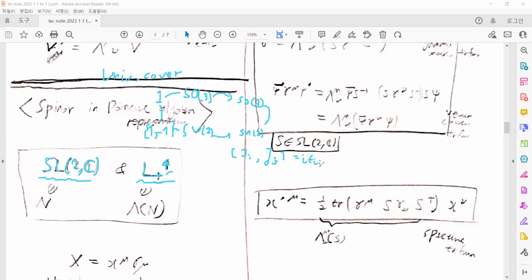So they are different Lie groups, but they have the same Lie algebra. There is a universal cover, and a similar behavior between SL2C and the Lorentz group.